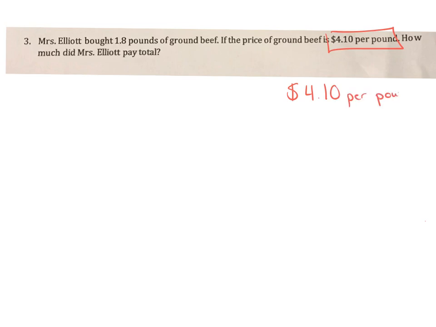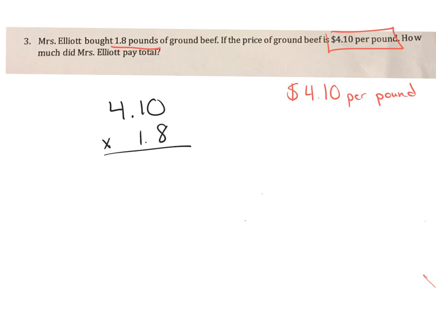So that's for 1 pound. But we have more than 1 pound. We have 1.8 pounds. So this is telling me I need to multiply them because we need to figure out what the amount would be for 1.8. So we would do 4.10 times 1.8.